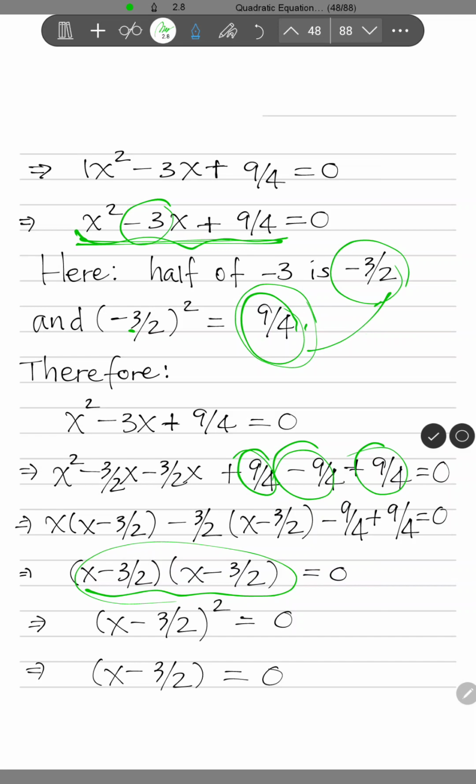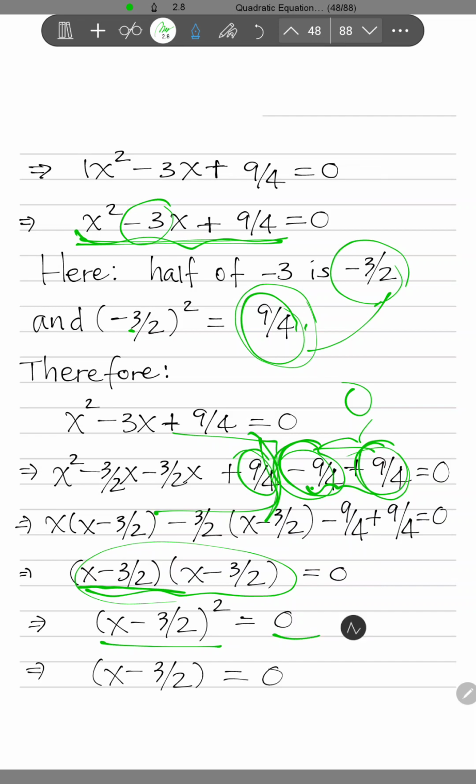So the minus 9 over 4 plus 9 over 4 comes to be 0. And this 9 over 4, we need it on the completing square side. x minus 3 over 2, the whole square is 0. That's good. x minus 3 over 2 is plus or minus the square root of 0, which is plus or minus 0. It is just 0.